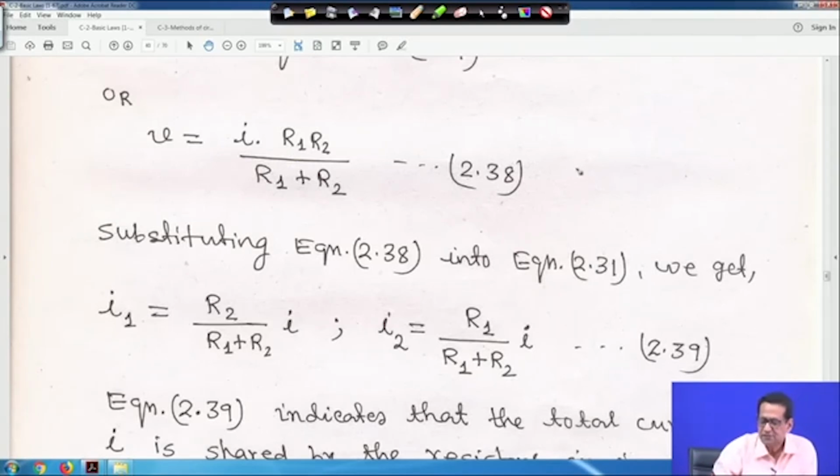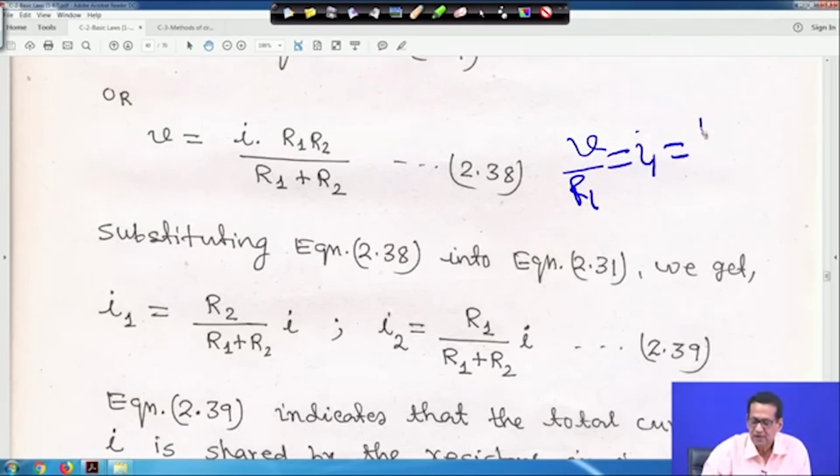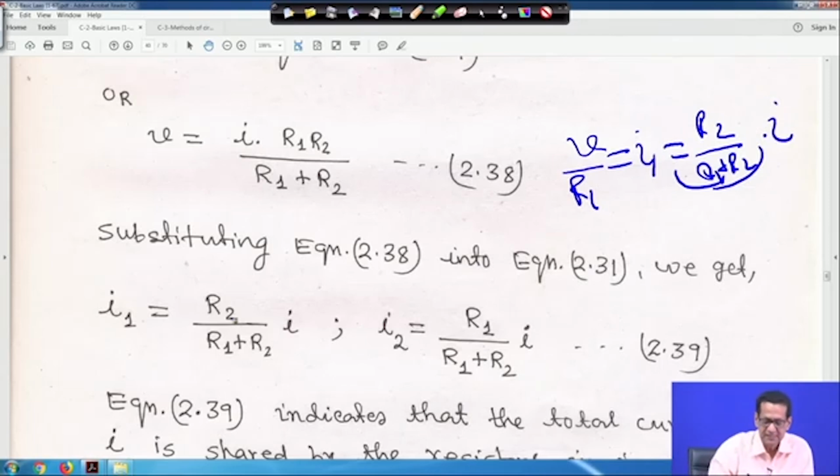So, from this equation you get V upon R1, that is nothing but I1, right. It is basically R2 upon R1 plus R2 into I. The same thing is coming here, I1 is equal to R2 upon R1 plus R2 into I. From this equation, just divide by R1. So, V upon R1 is equal to R2 upon R1 plus R2 into I.